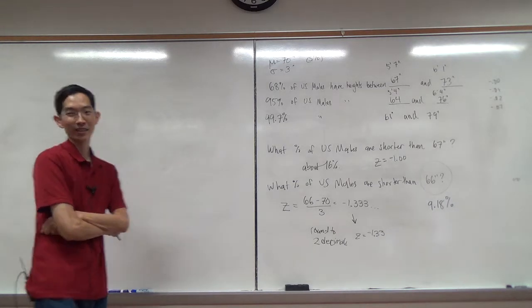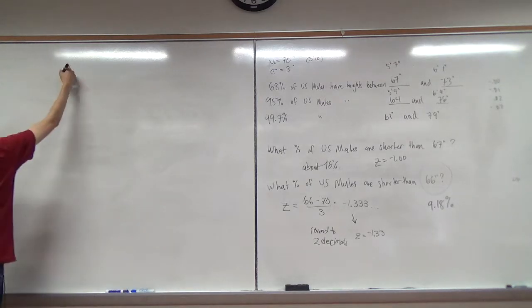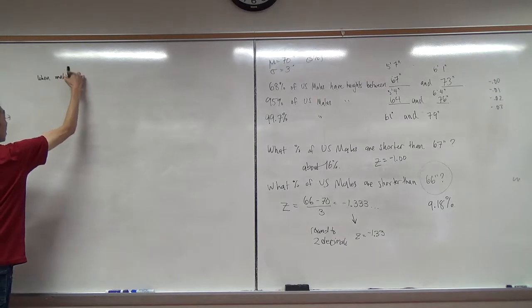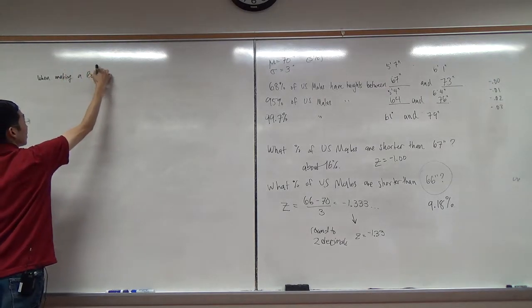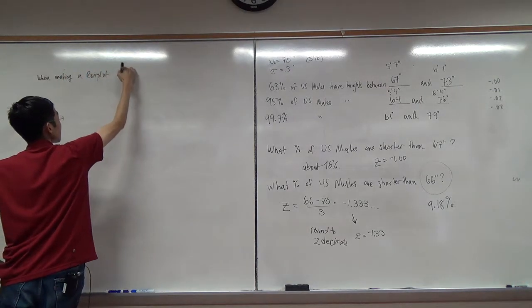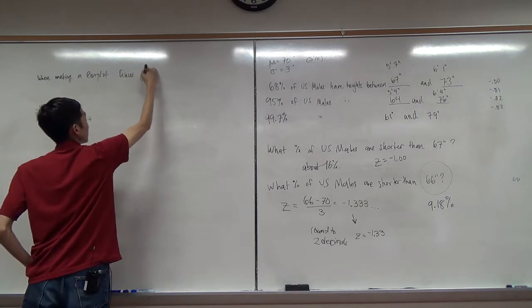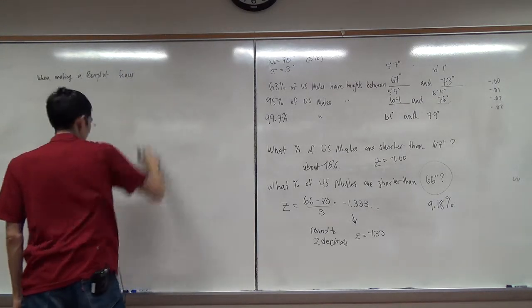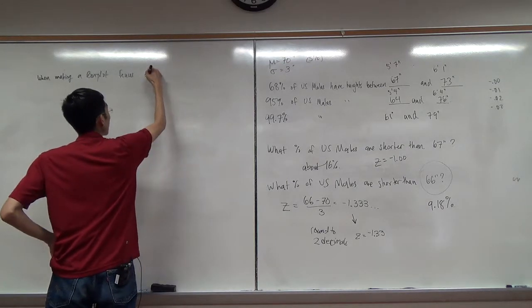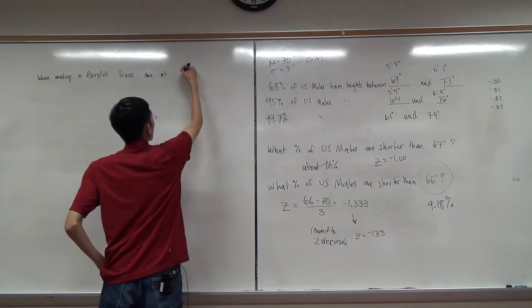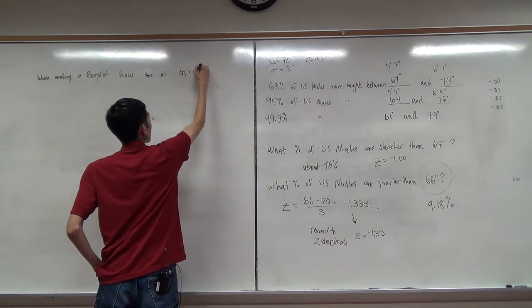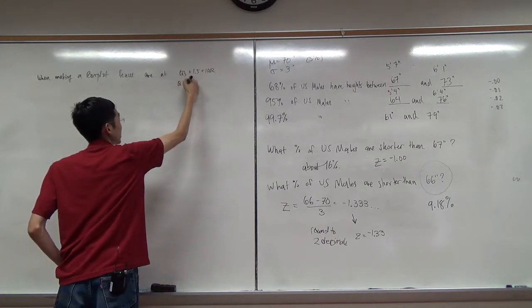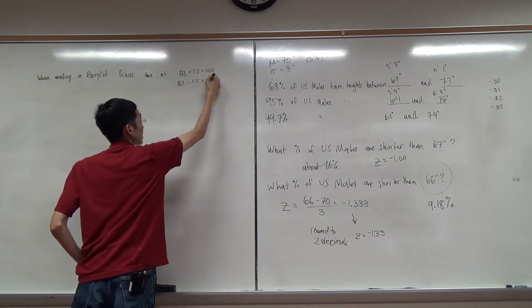Okay, so when making a box plot, the fences appear at Q3 plus 1.5 times the IQR and Q1 minus 1.5 times the IQR.